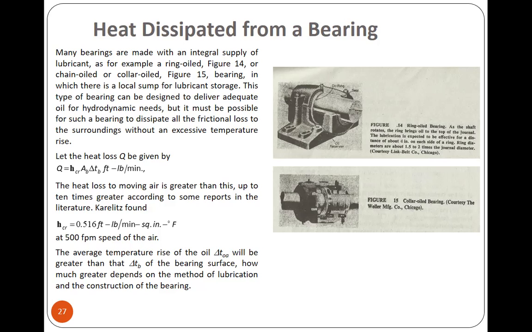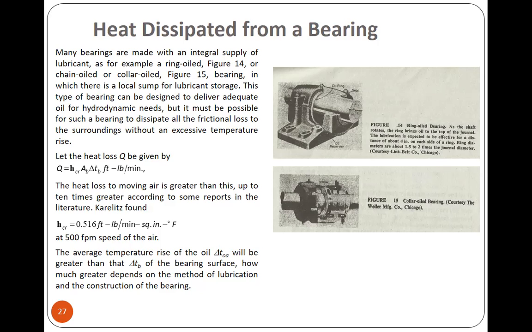Now, the heat loss to moving air is greater than this, up to 10 times greater according to some reports in the literature. So ito yung anticipated heat loss mo from the bearing, frictional loss.